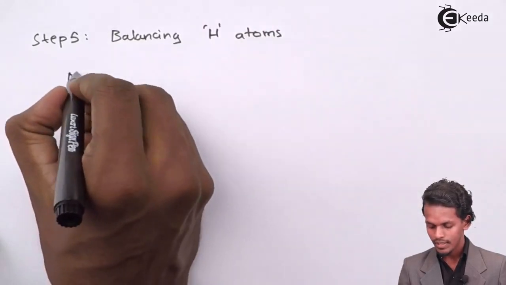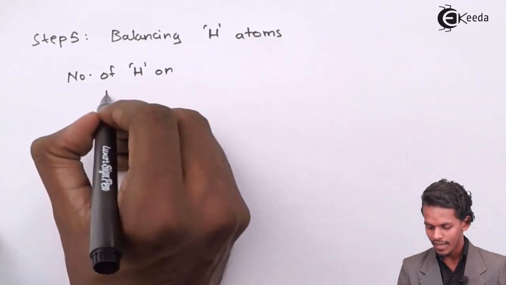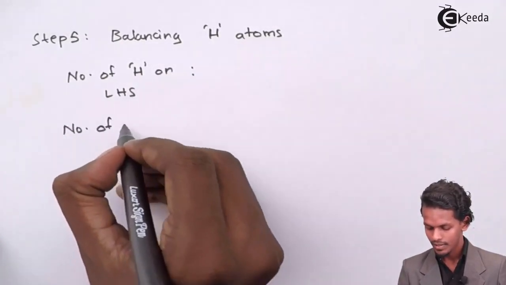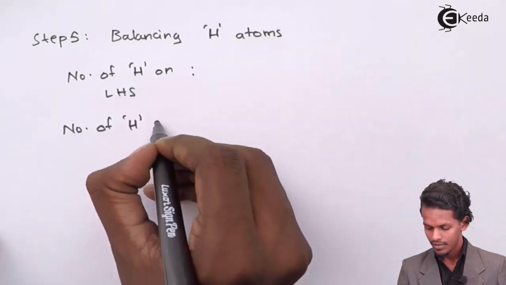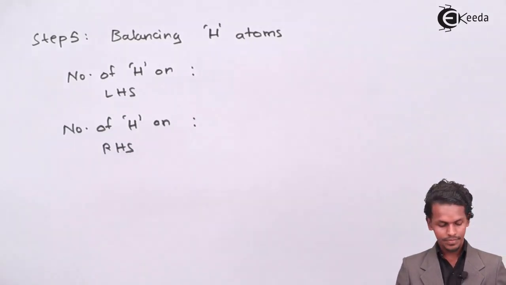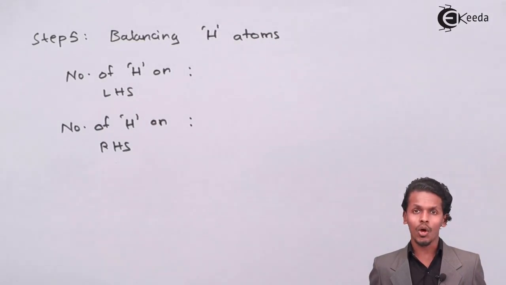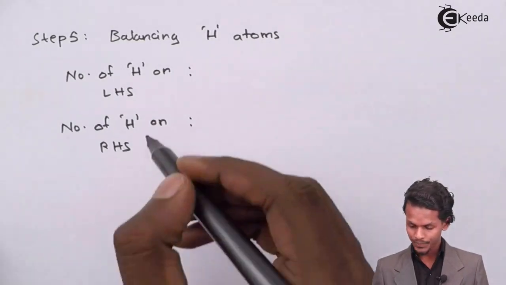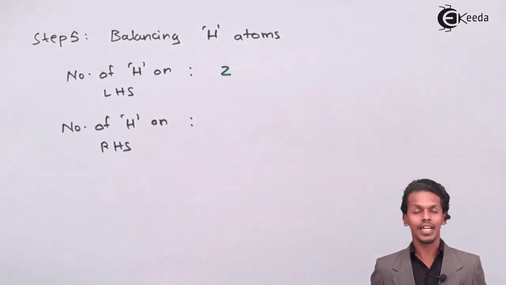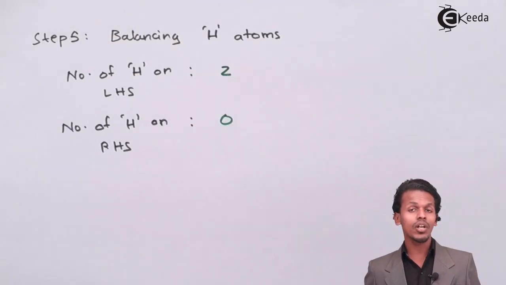If we observe the number of hydrogen on the left hand side, it was found to be 2, while on the right hand side it was found to be 0.